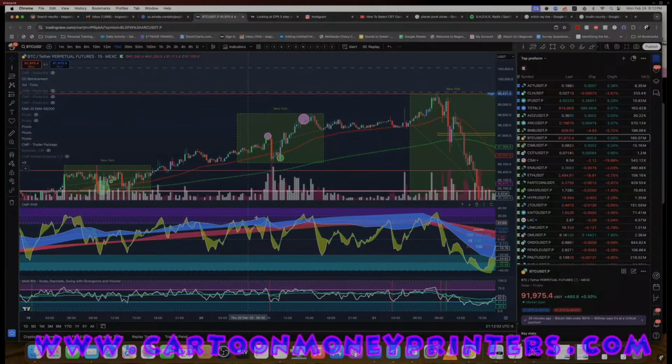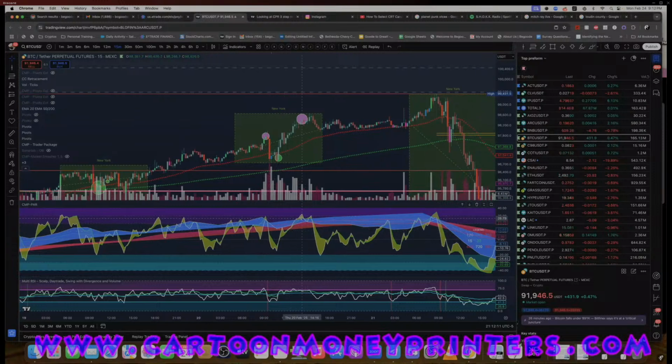Now, if the higher time frames are already coming down, as soon as you get a V, you can take it. But in this case, you wanted to wait for the bear div, and right here is where you got it, and that was your short scalp, but keeping in mind that the major trend is moving up.